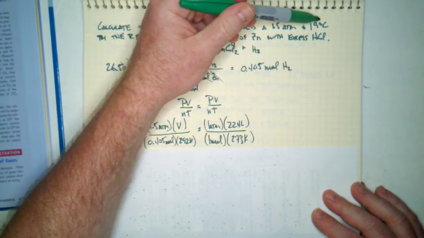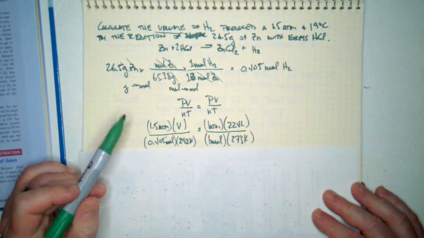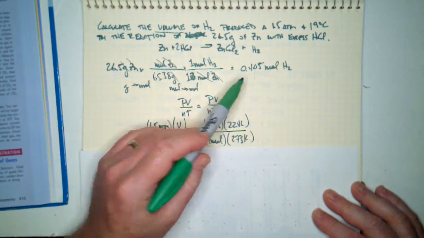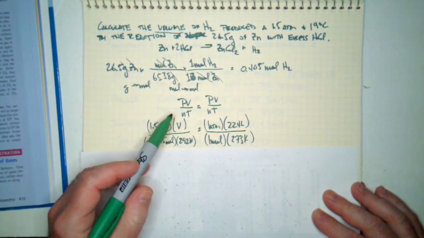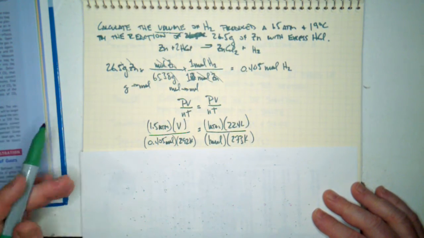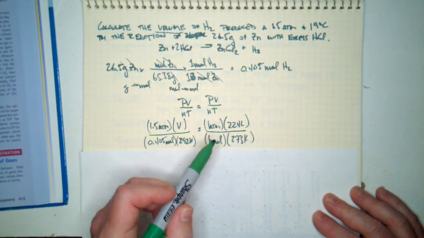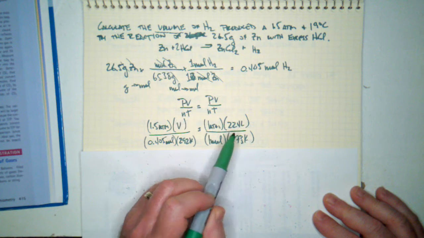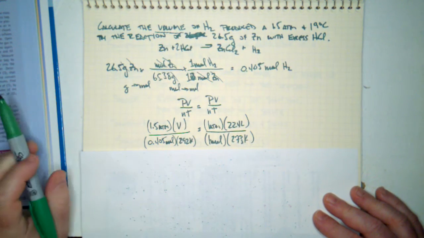The temperature is 19 degrees C or 292 Kelvin. And the number of moles is 0.405. The volume is what we're looking for, so we should have everything but that V filled in. Then over on the other side of the equation, we put in standard temperature and pressure: 1 atmosphere, 22.4 liters, 1 mole, 273 Kelvin.